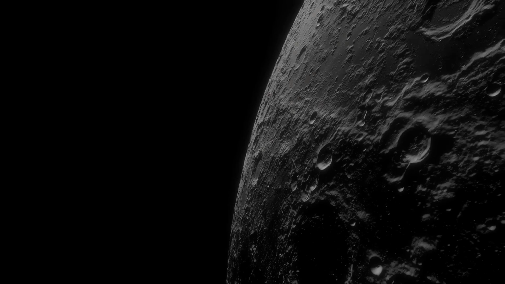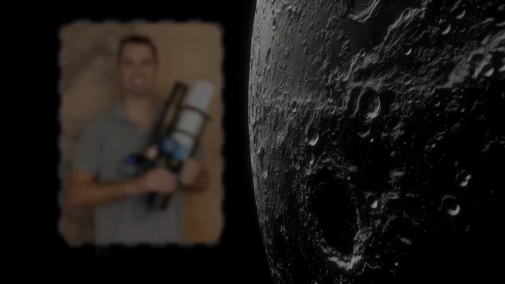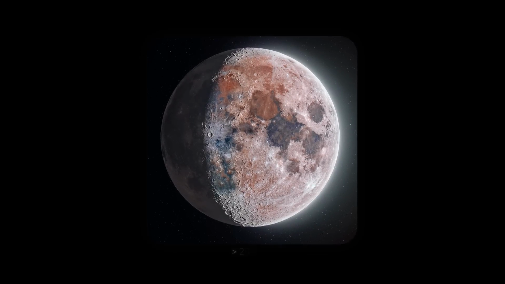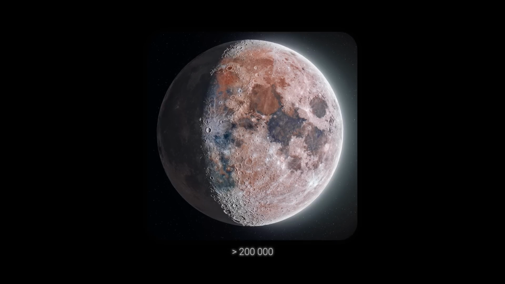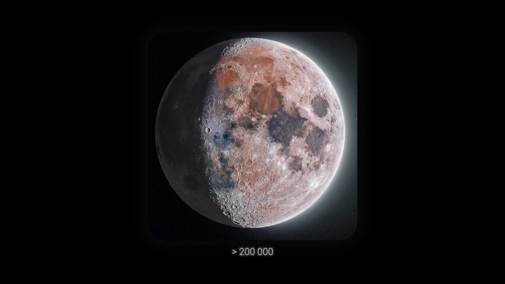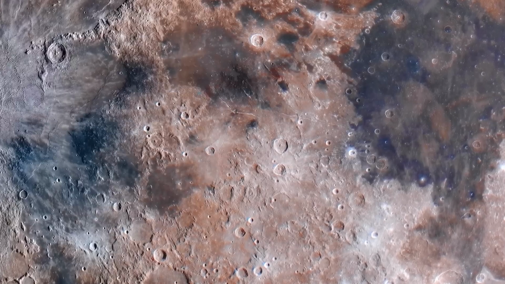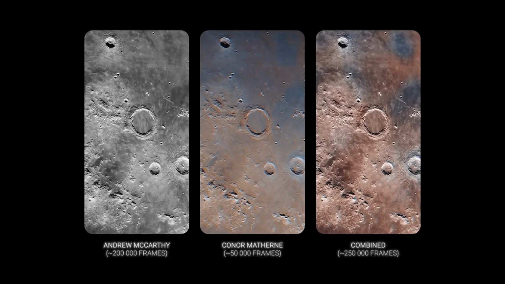One of the most outstanding images of the moon was recently created by astrophotographers Andrew McCarthy and Connor Mathern. This image is not just one image, but consists of more than 200,000 images taken in one evening and carefully stitched together to create a breathtakingly detailed portrait of the moon. The entire image is assembled like a mosaic, each tile consisting of thousands of photos.